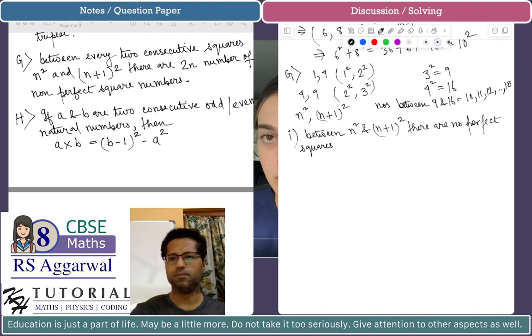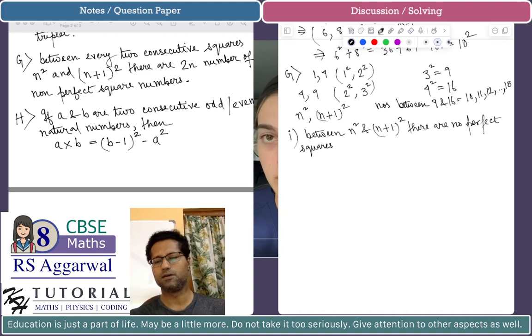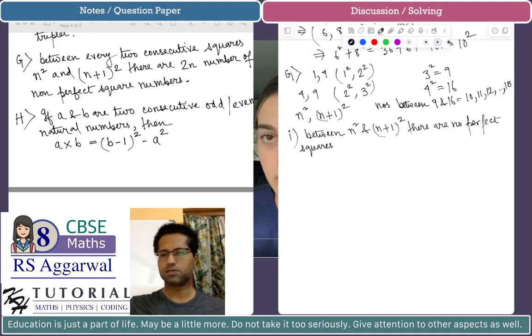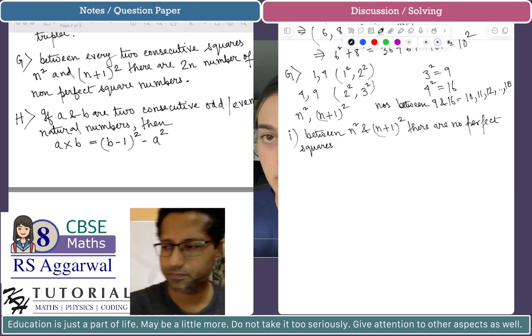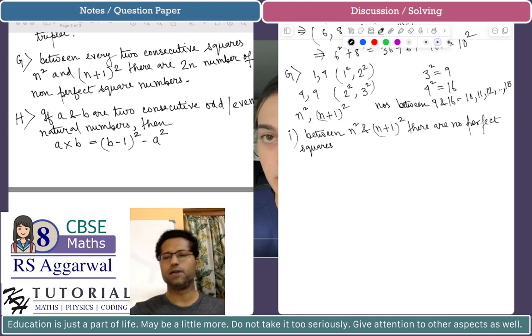You can see that none of them is a perfect square. So it is true that between two consecutive square numbers n square and n plus 1 whole square, there will be no perfect squares.